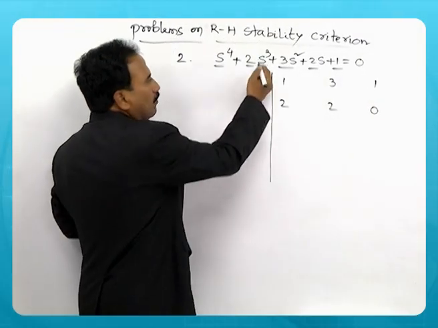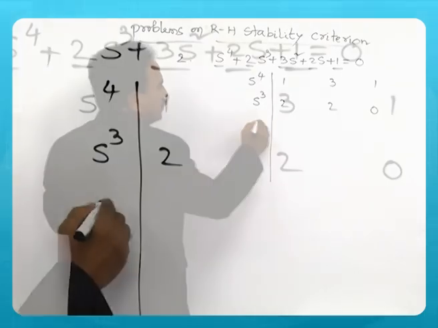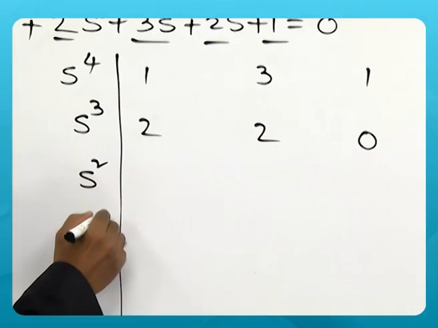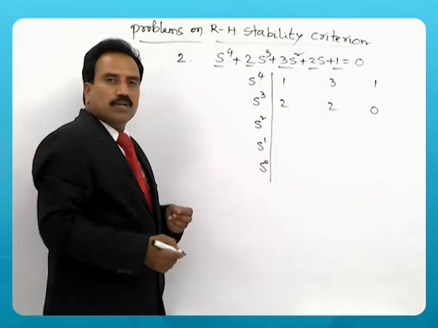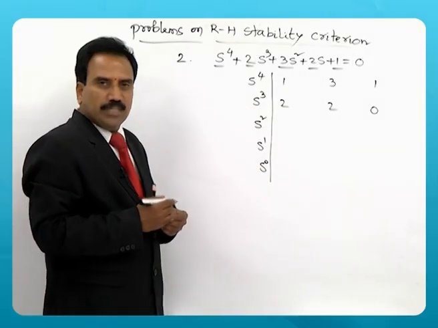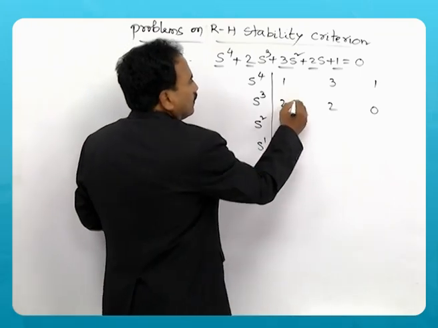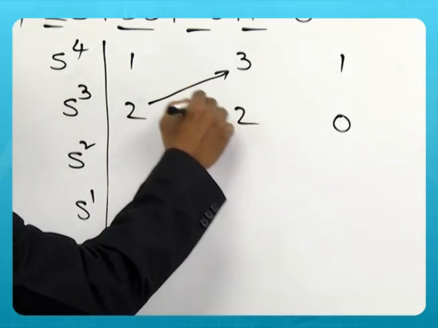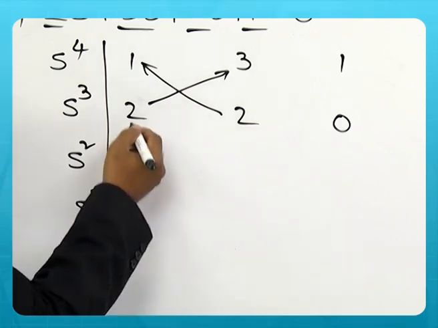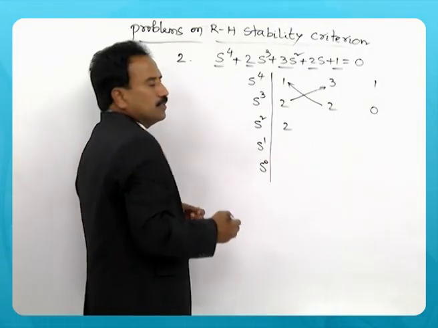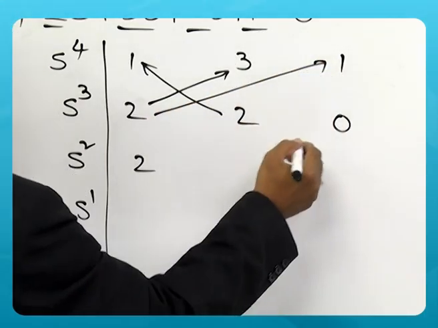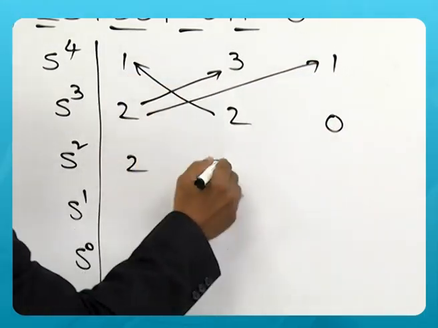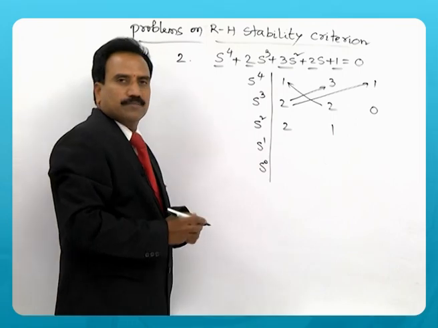First two rows are formed from the characteristic equation, and then you have to continue the rows until s power 0 row is obtained. So, 3 into 2, 6 minus 2, 4, by 2, so it is 2, and 2 into 1, 2 minus 0, by 2, so it is 1.